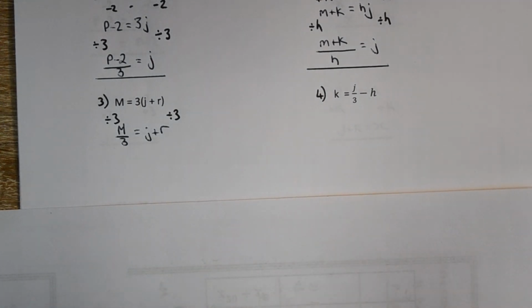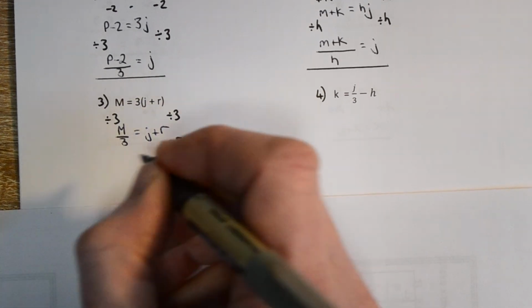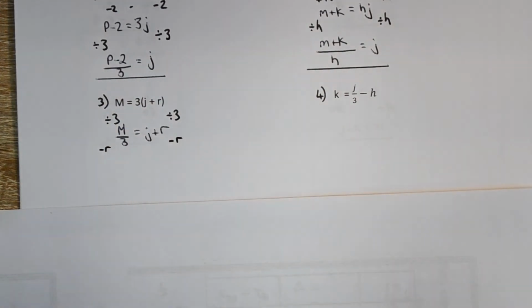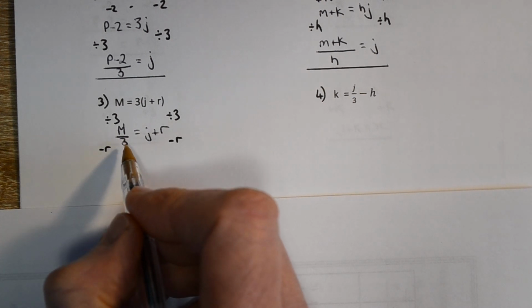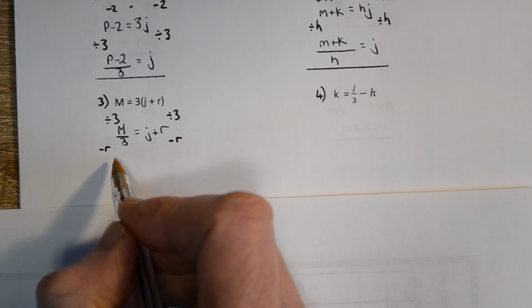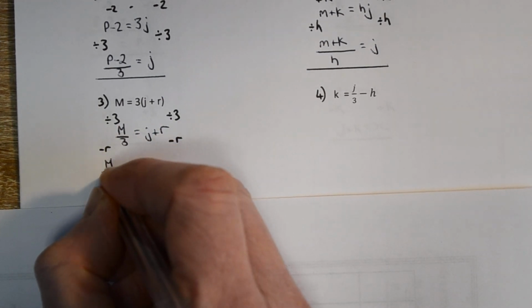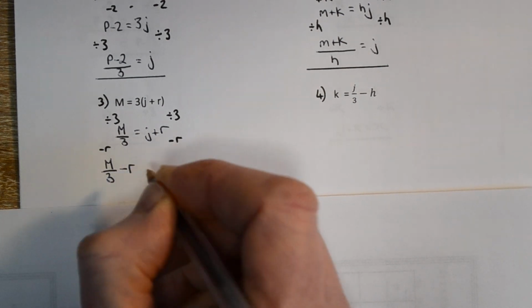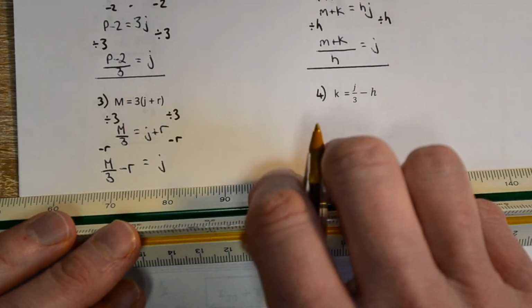So now we're left with r added on, so we take away. Notice that on the left m's been divided by 3 already, and now we subtract r. We subtract r from all of what we've got, so we're going to write the r after it. J's on its own, it's the subject.